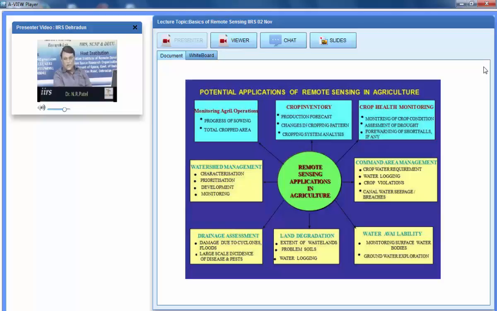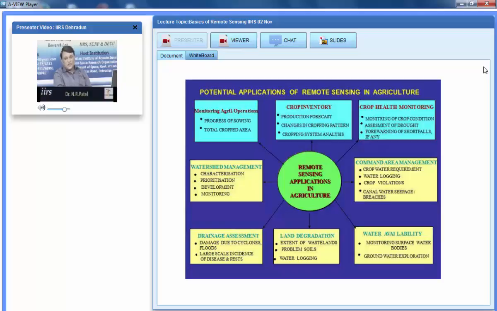You can also monitor forewarning, particularly forewarning of any shortfall in crop production due to different kinds of extreme events, whether it is a drought, maybe a flood, maybe some cyclonic damage. So all these assessments of production or shortfall in production can be made with remote sensing with the kind of multi-temporal data available.